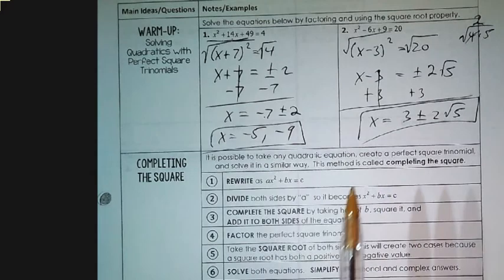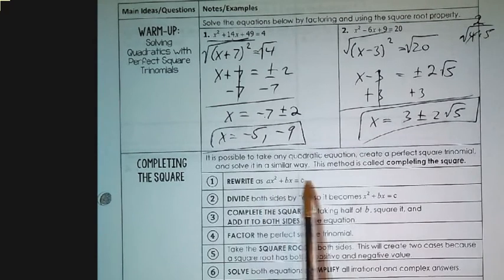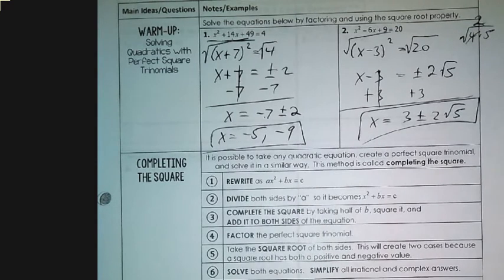So, the first thing we want to do, and we do this when we convert from standard form into vertex form, is isolate the x's. In other words, we want to get the x's on the left side and everything else on the right side. So ax squared plus bx equals c is how we're going to set this up.